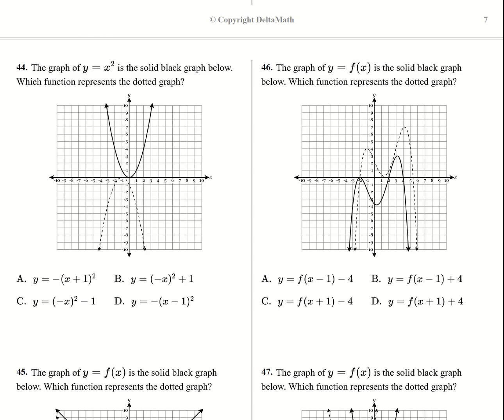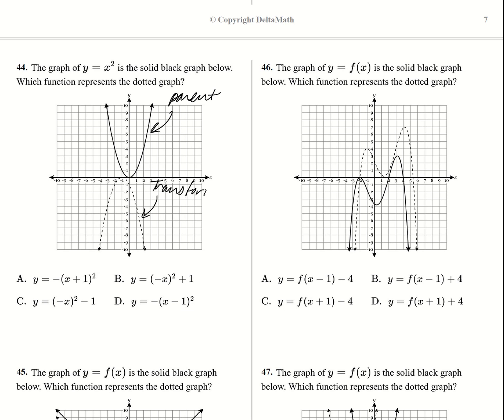Okay, I'm going to do a couple of these. These might look intimidating, but it's actually pretty straightforward. So our parent function is the solid one. And then our transformed function is the dotted line.